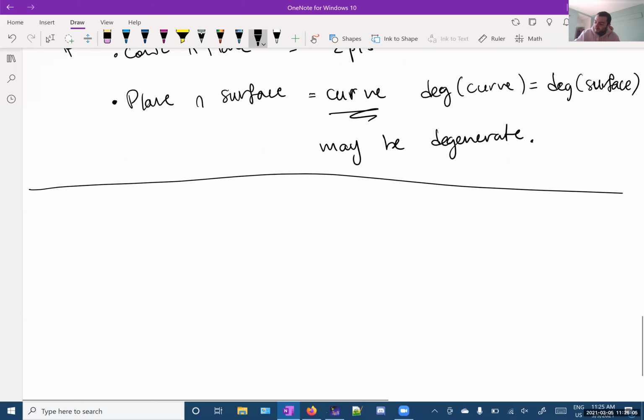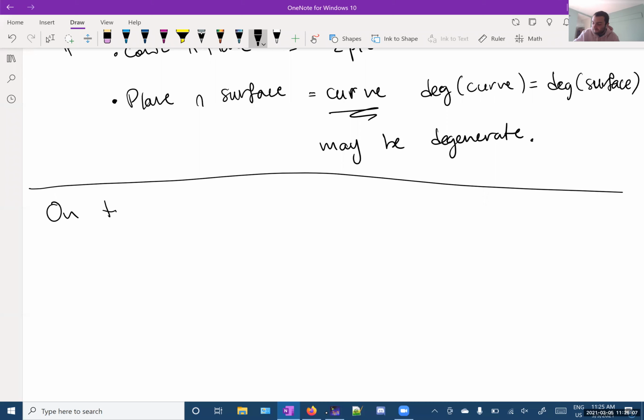Okay, so on to the point, which is the proof of this theorem, right? Okay, so a smooth cubic surface, which is a surface defined by a cubic equation in projective 3 space, should always have 27 lines.